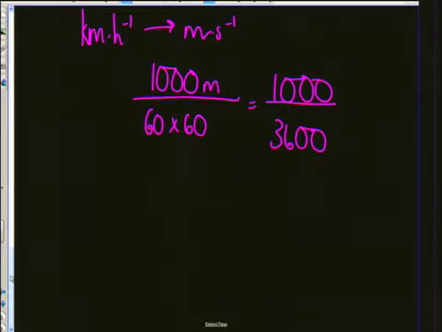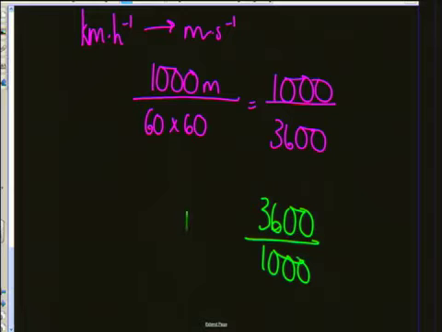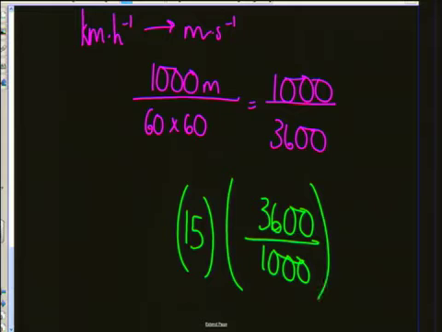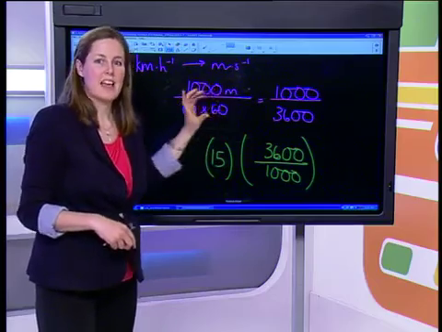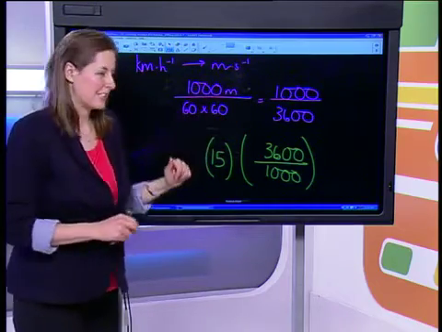Instead of multiplying by 1,000 over 3,600, I want to multiply by 3,600 divided by 1,000, which would take me from meters per second to kilometers per hour. Notice I've done the inverse. But it's helpful to know where you get those numbers from. It's because kilometers would be 1,000 and the hour would be 60 times 60.